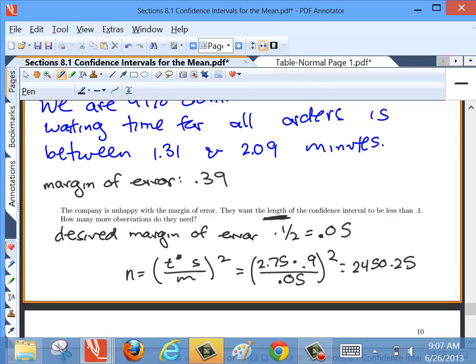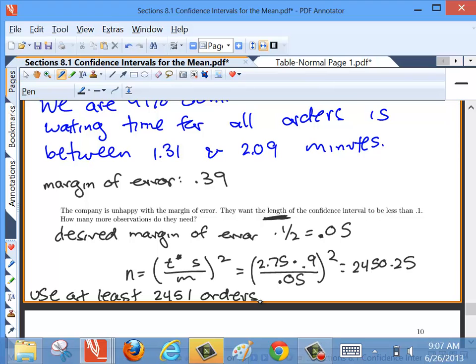Are they going to really sample a quarter of an order? No. Which direction should I round to make sure that I get that length less than 0.1? Okay, round up. So they need to use at least 2,451 orders. That seems like a lot of orders, right? It was a pretty big jump to get that small margin of error.